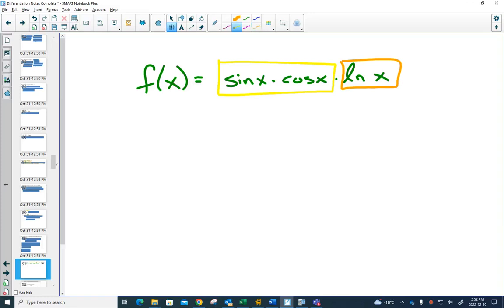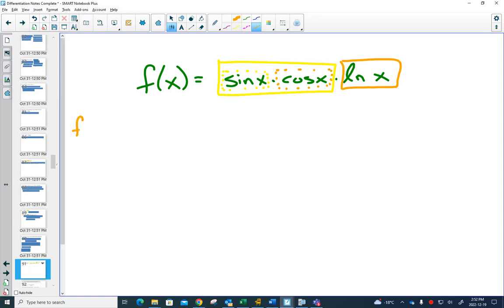I'm going to use dotted lines. In the first one, I have this one times this one. Now we're going to talk through the derivative and see if it makes sense. The product rule says if you're multiplying two things, keep one the same, multiply by the derivative of the second, then keep the second one the same, multiply by the derivative of the first one.